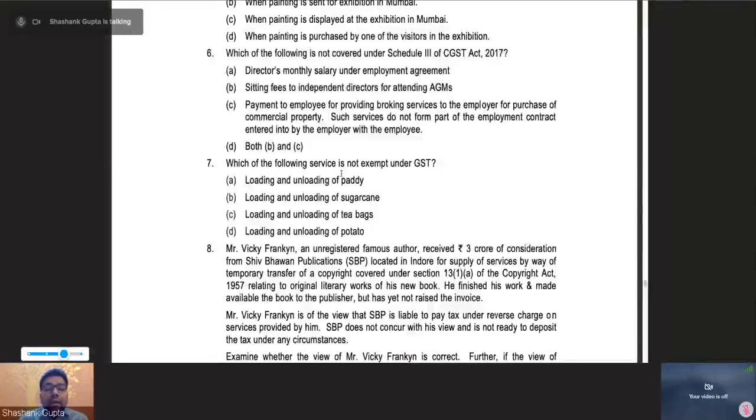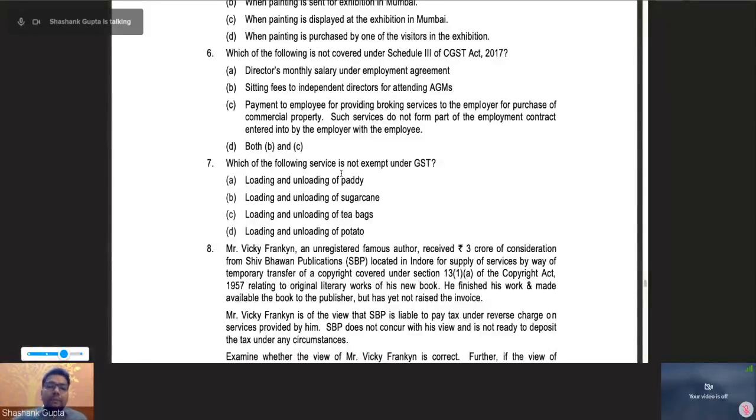Loading, unloading of tea bags. Tea grows in farms, but where are tea bags formed? Tea bags are a processed form of tea which cannot be said to be agricultural produce.